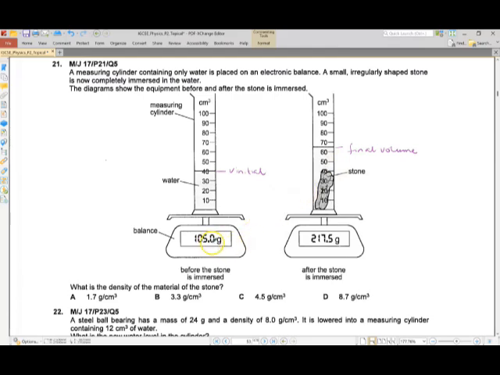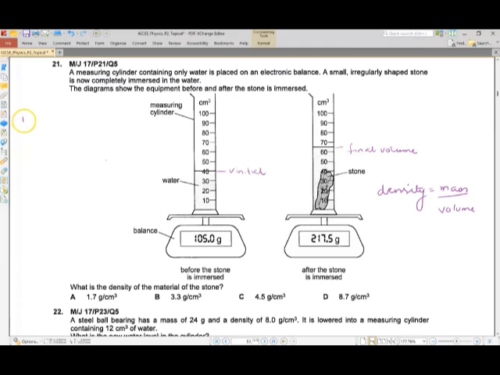And the initial mass of the water and the cylinder is 105.0, and the final mass of water, cylinder and the stone is 217.5. So we already know that for density, we need two entities, which are mass and volume.